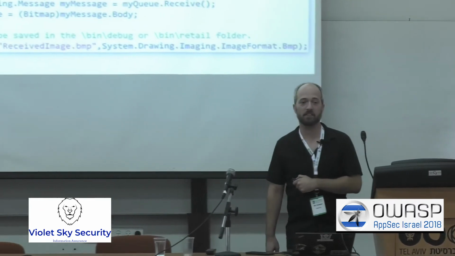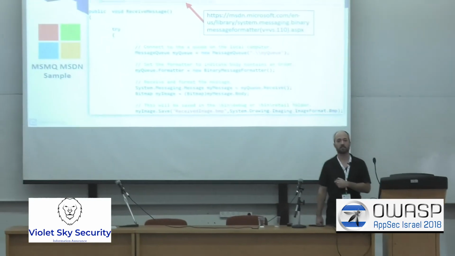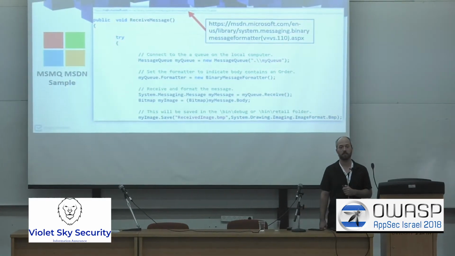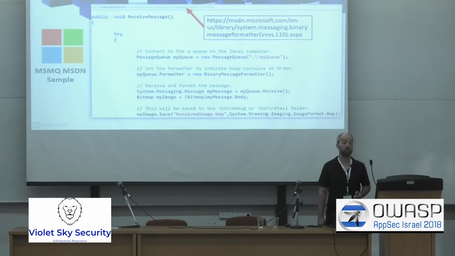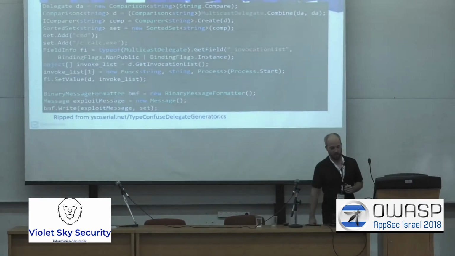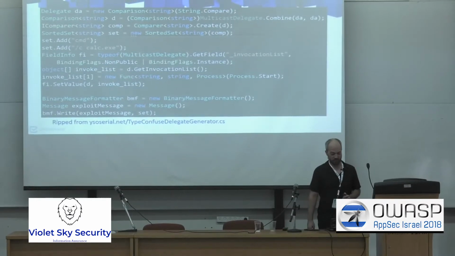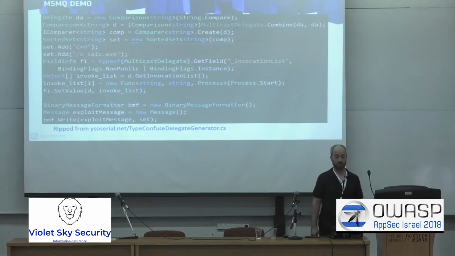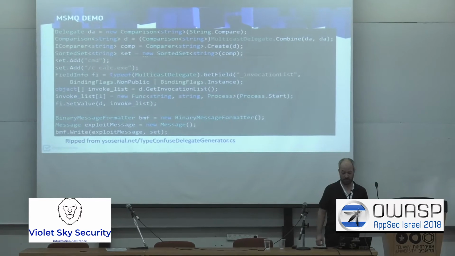Which brings us to our demo. This is code copy-pasted straight off of MSDN. This is code for receiving a message with MSMQ, with the binary message formatter. Remember, it's one of two and it's really fast. I sort of yoinked a payload out of ysoserial.net. Excellent tool, go visit it on GitHub.